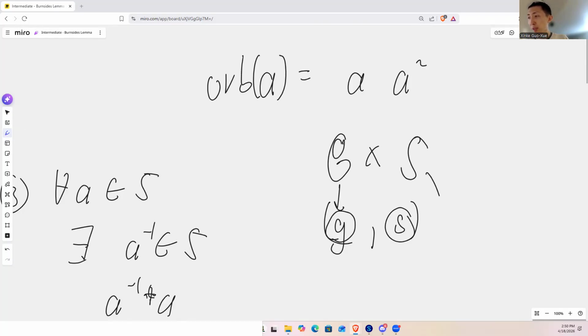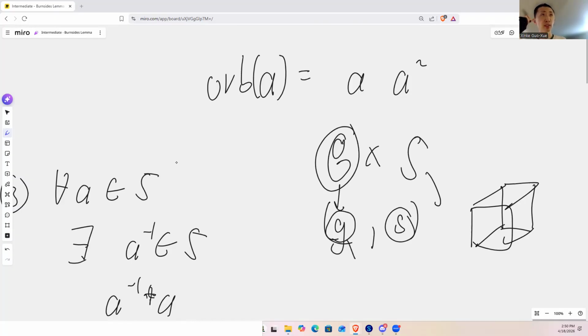So here maybe our set is all colorings of a cube, with a certain number of colors. And big G is the set of symmetries of a cube.